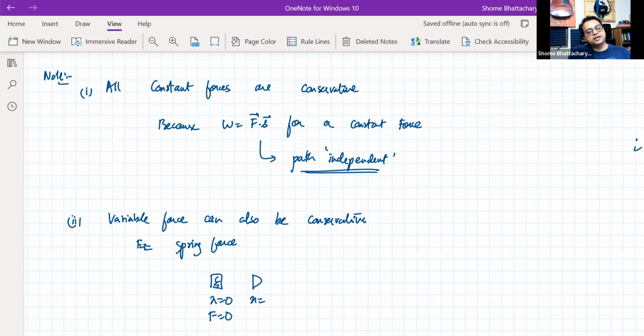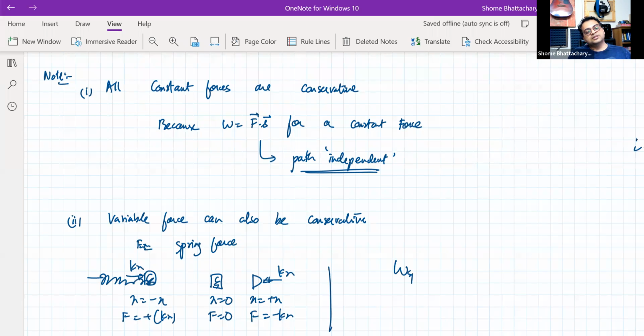But at some positive value of x, the spring force becomes minus kx. At some negative value of x, the spring force becomes positive kx. It's like this, okay? When we have some kind of a spring attached to a block.